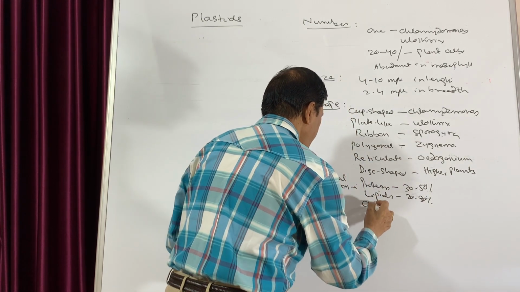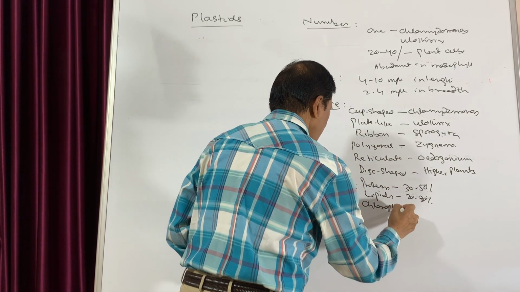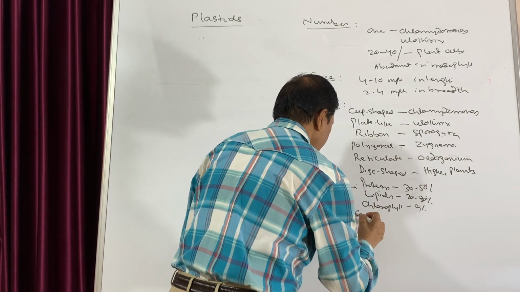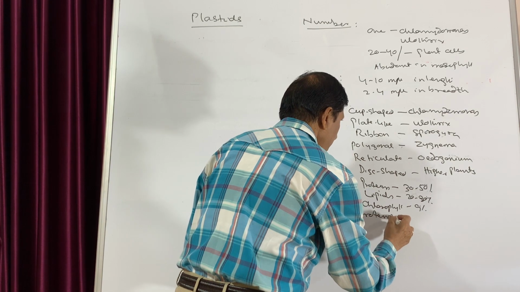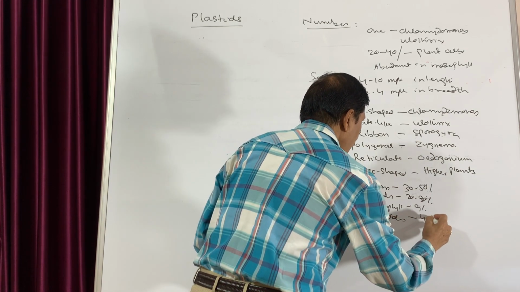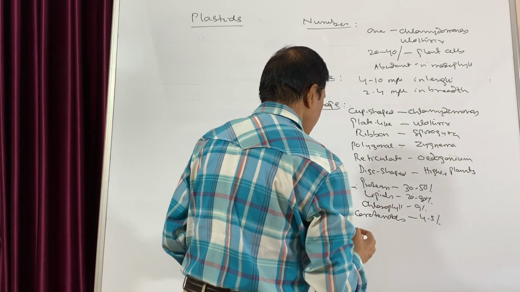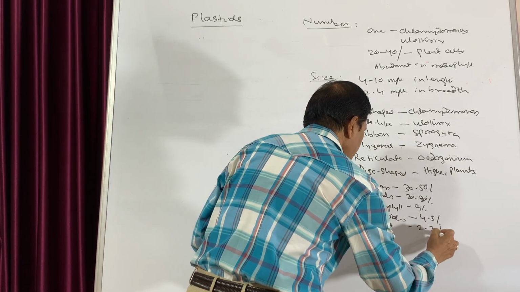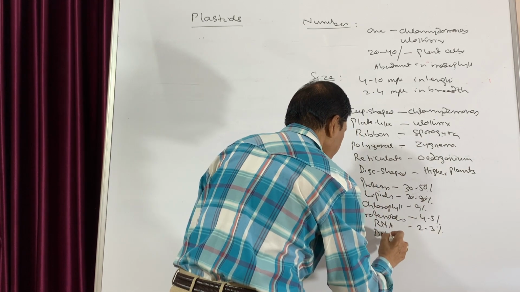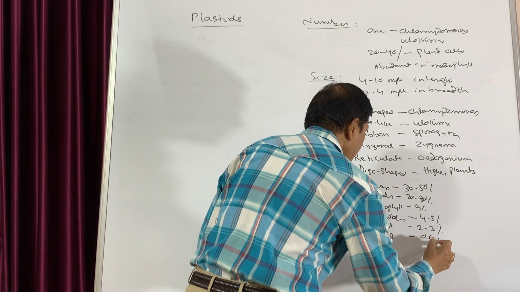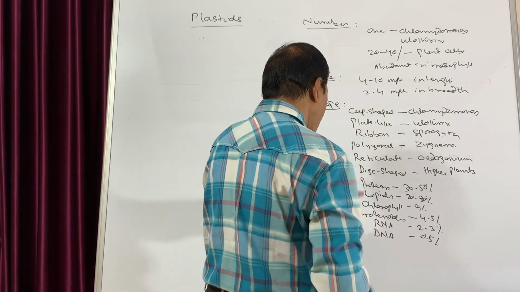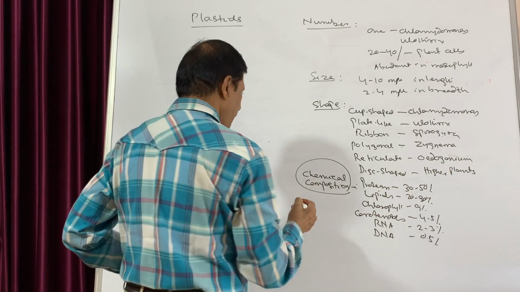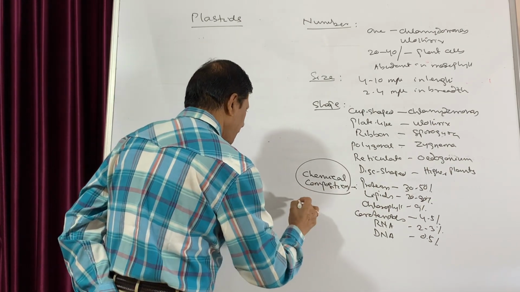Then chlorophyll 9%. Then carotenoids 4 to 5%. Then RNA 2 to 3%. Then DNA is 0.5%.